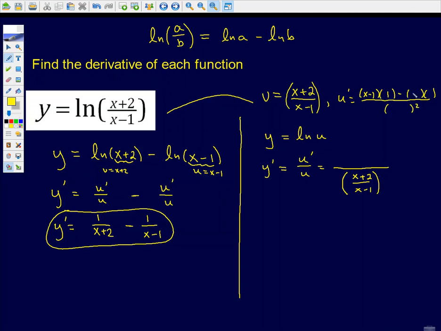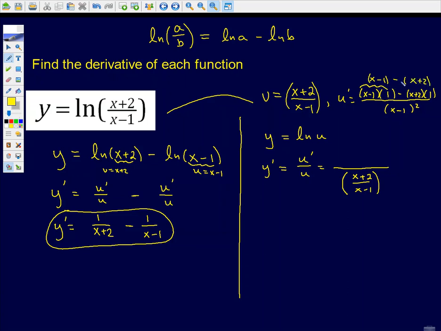High d low is x plus 2 times 1. And then the square of what's below is x minus 1 squared. Now look at this here. We would have to take all of this and put it in there where u prime is. But maybe we'd simplify it first. This all just makes x minus 1. This all just makes x plus 2.